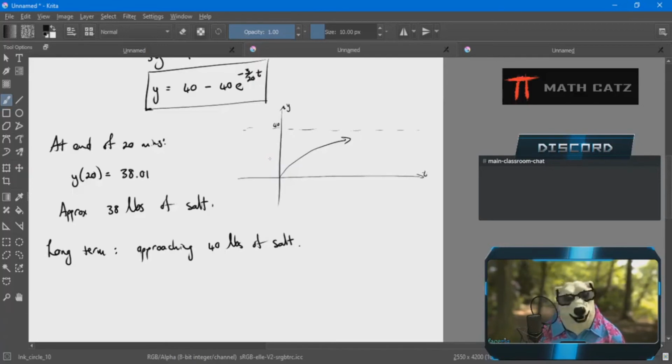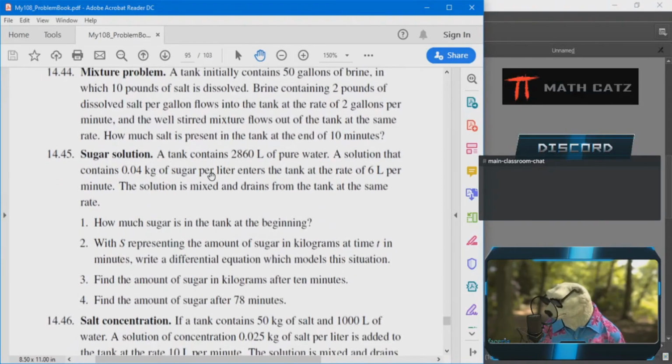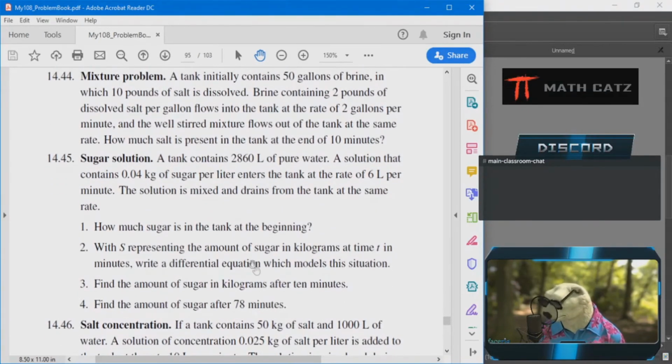So admittedly, from the differential equation, it's not always clear exactly what the features of the function will be, but we solve the differential equation, and then we analyze the situation. Did we answer all the questions? Yes. Okay.